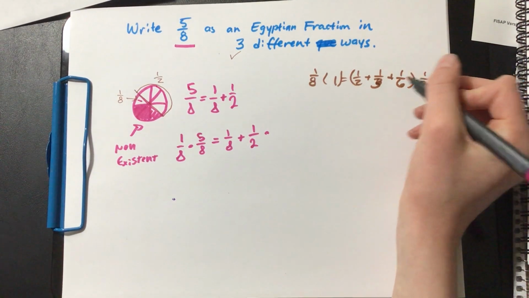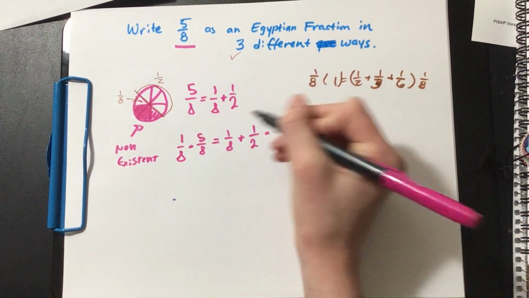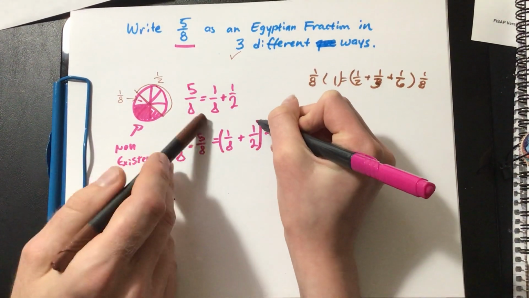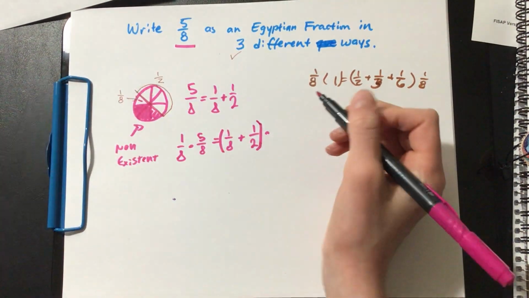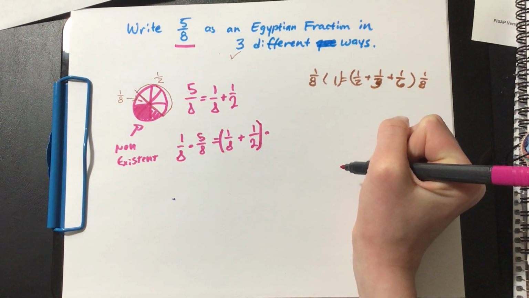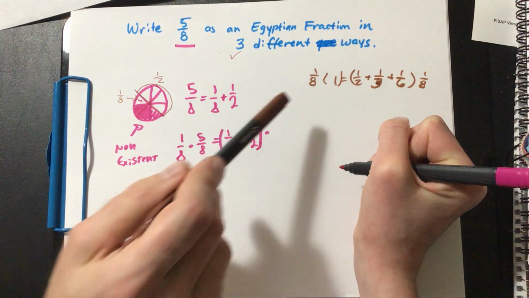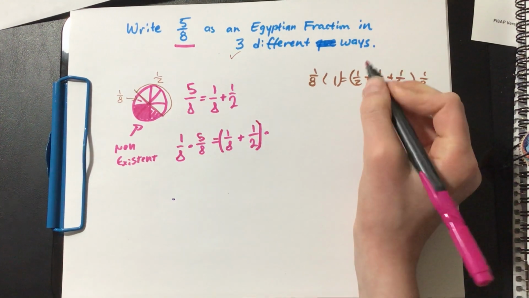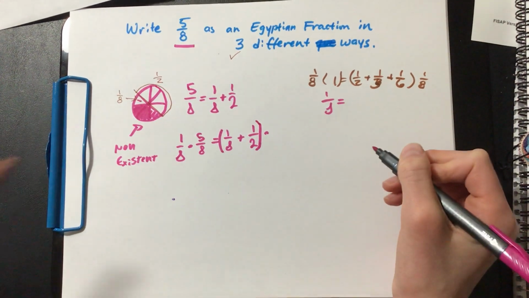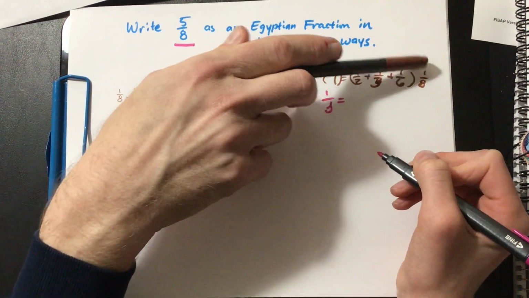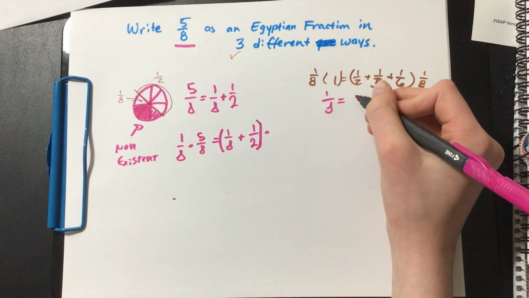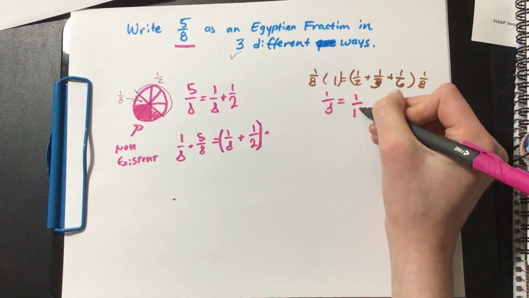So, multiply this entire thing. We're not multiplying this thing. We're multiplying the key fact. So go ahead and multiply 1/8 times 1. That's 1/8. And then multiply this sum by 1/8. 1/2 times 1/8 is 1/16.